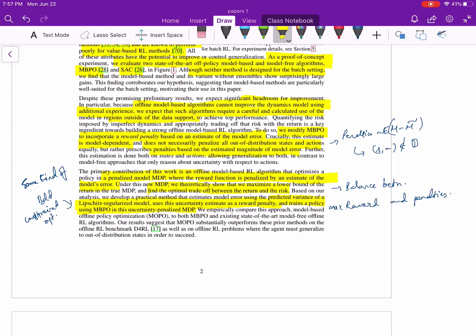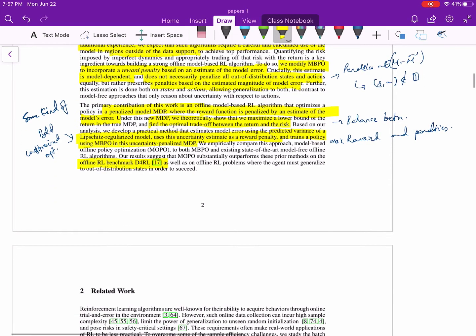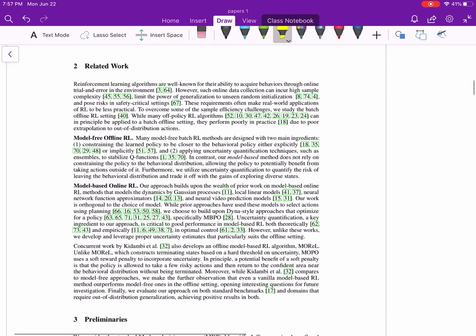And as usual, they test these algorithms on the benchmark data sets created in the D4RL paper. So let's move forward to the second section, related work.